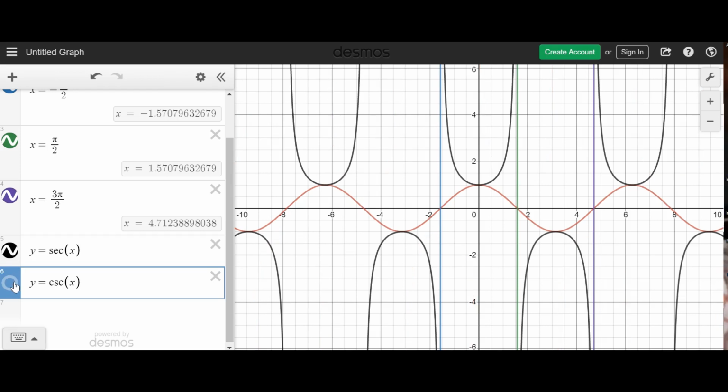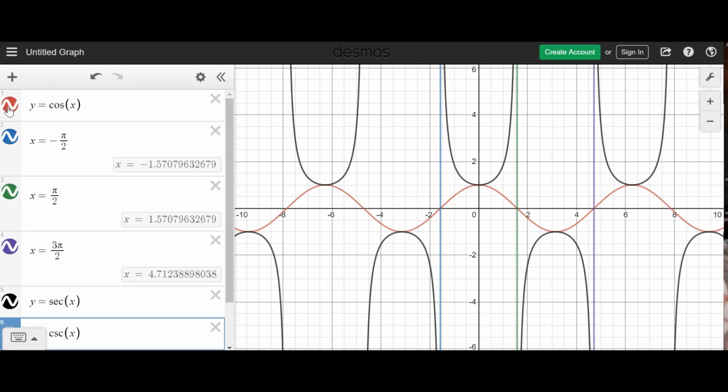Let's turn that back on. You get the division by 0 for the secant wherever the cosine is equal to 0. And if I turn off the cosine, this is what the secant function looks like. So not too bad.